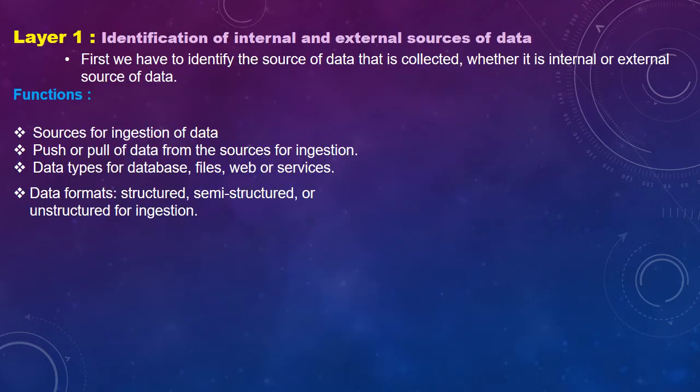Layer 1: identification of internal and external sources of data. Once the data is collected, we have to identify the source of that data, whether it is coming from an internal or external source or both. The internal source of data is data that is private, which your organization owns, controls, or collects.